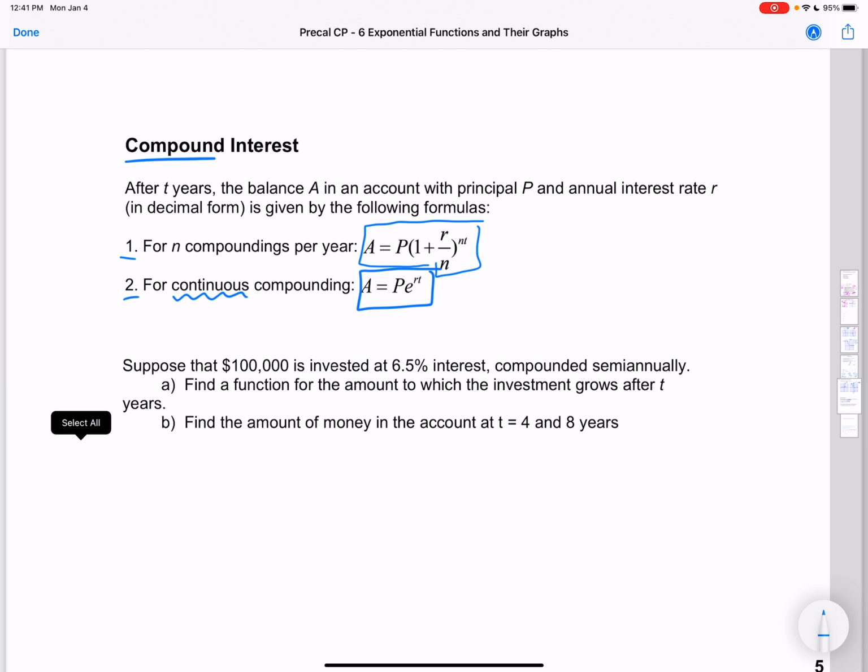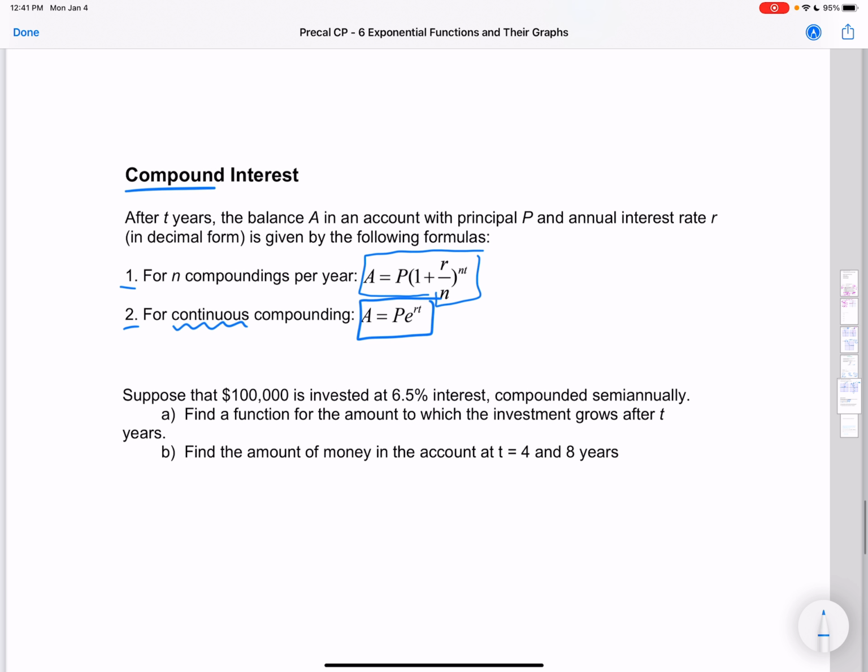The things you need to know about these word problems are these formulas. A is the amount that you're going to have, or your balance. So that's the amount or the balance that you'll have after you've put money in for a certain amount of time.